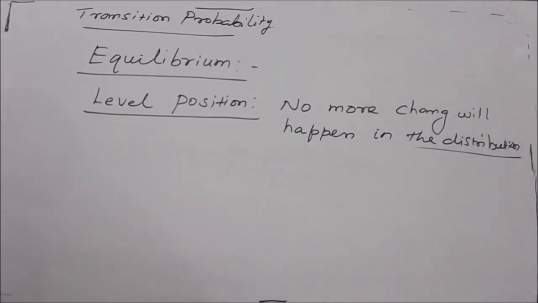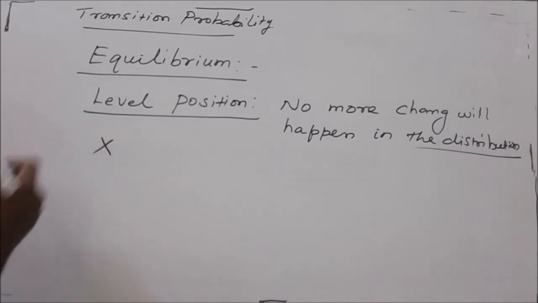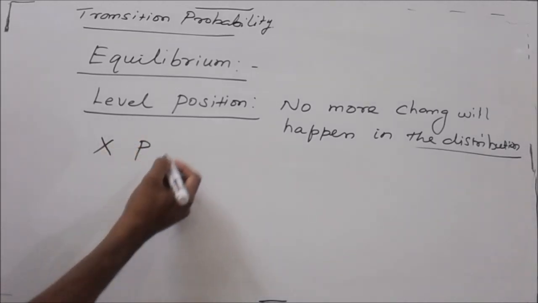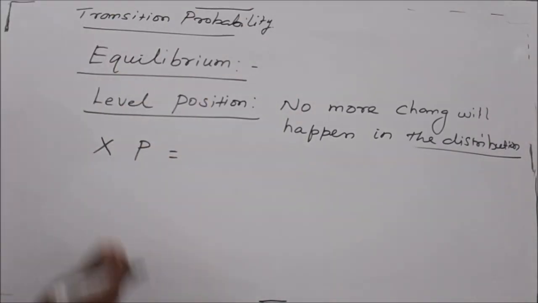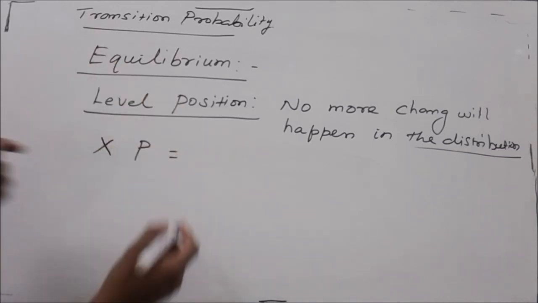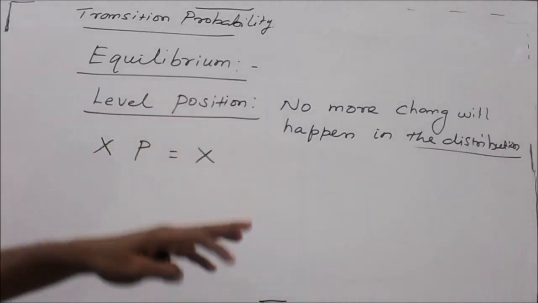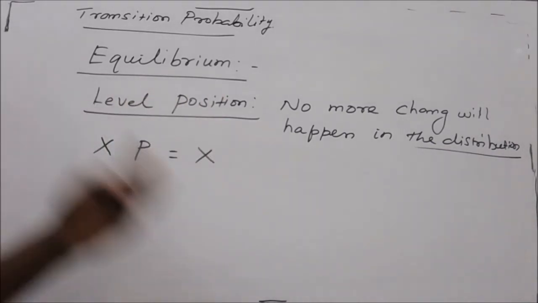Let the probability distribution be X and the transition probability be P. After the transition takes place with this probability distribution, if it yields the same probability distribution, that is the level position. That means no more changes in X after the transition.